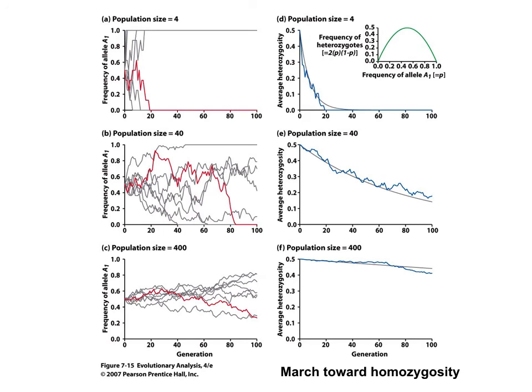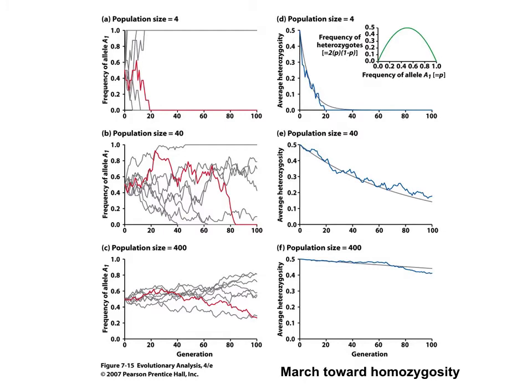This slide shows you a whole bunch of simulations for populations of different sizes, starting out with an allele frequency of 0.5. Up on top, you have a population size of 4, compared to B at 40 and C at 400, and each of those is a separate simulation run. This is graphically showing what we were just talking about.